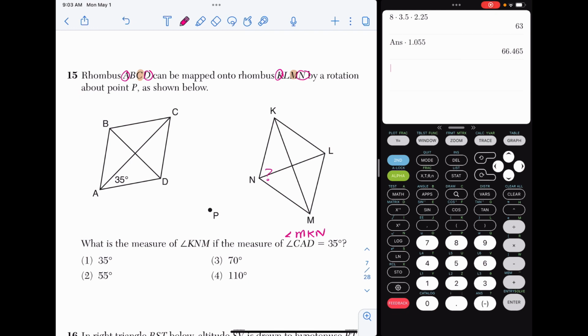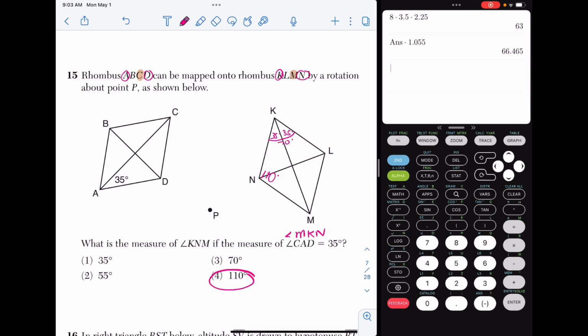So if CAD is 35, I now know angle MKN is also going to be 35. In a rhombus, the diagonals bisect the angles, so I know there's a 35 over here as well. And in total, that gives me 70 degrees. The angle we're trying to find is supplementary to 70, and so it's 110.